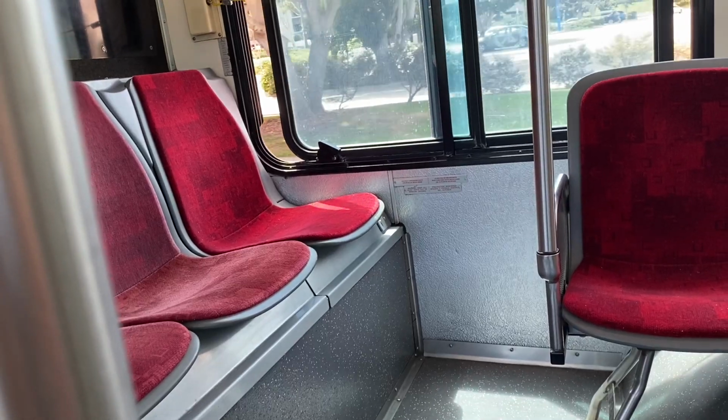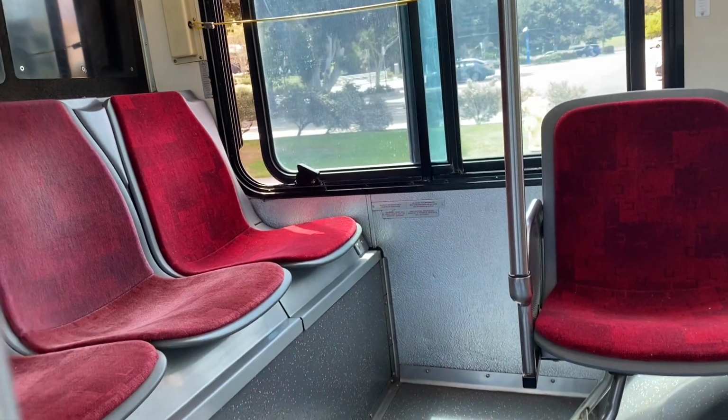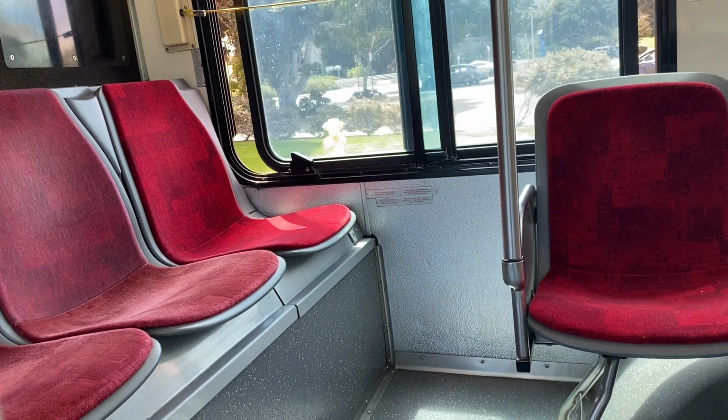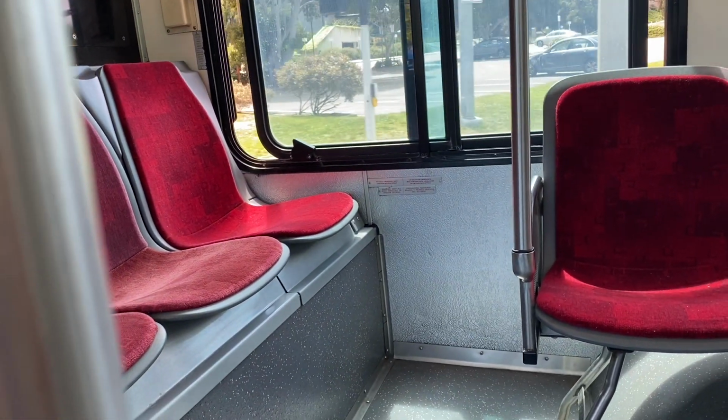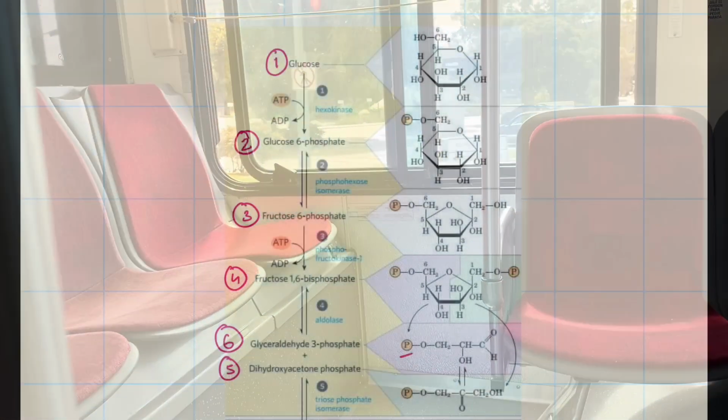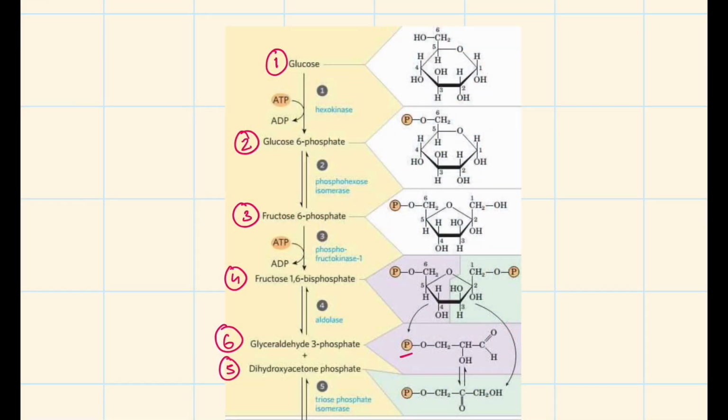That's because public transport to me is a lot like the circulatory system of the body, allowing us to get from one part of the city to another. Similar to how we can travel throughout the city in public transport, glucose can also travel throughout the body in the blood. So the first intermediate of glycolysis is our glucose molecule, which is a 6-carbon sugar.